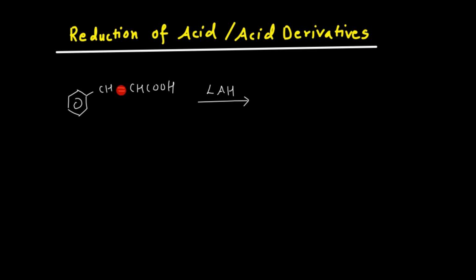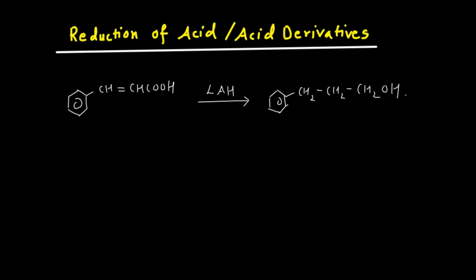Because this double bond is in conjugation with this benzene ring, it will also get reduced along with the acid when reduced strongly with lithium aluminium hydride, so it will form the alcohol. So you will have this particular product: this is your CH2, this is your CH2, and this is your CH2OH. Alcohol will form. No problem in that.